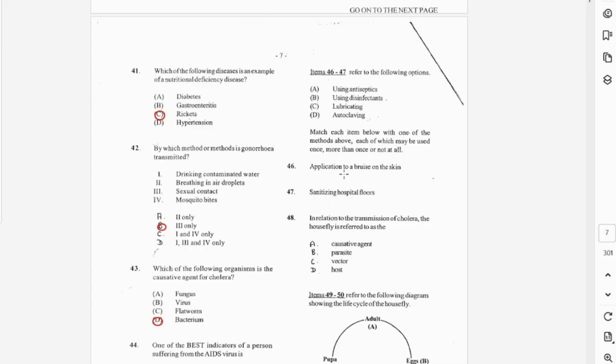So number 46, application to a bruise on the skin. The answer would be A, using antiseptics. And 47, sanitizing hospital floors. The answer would be B, using disinfectants.